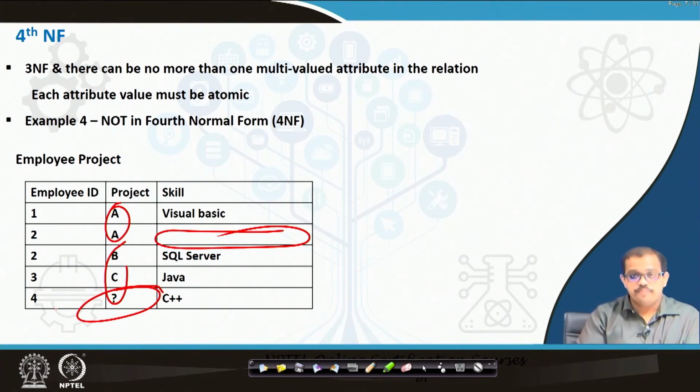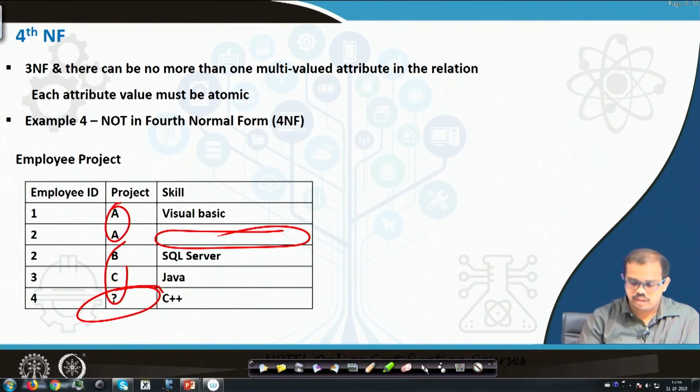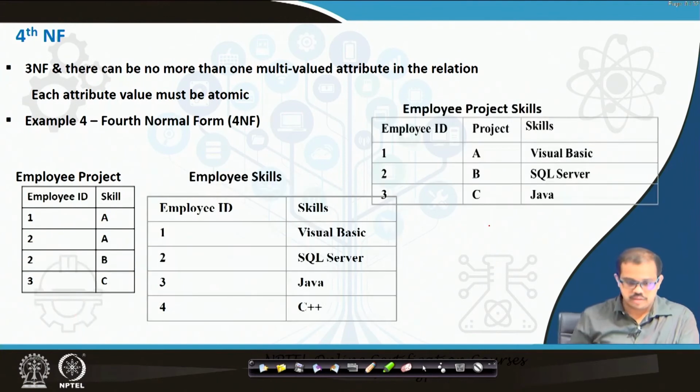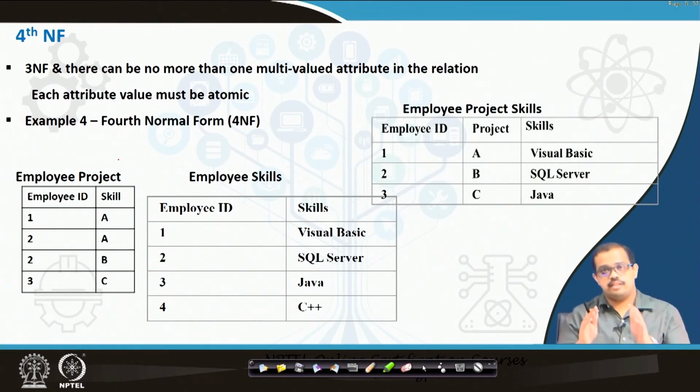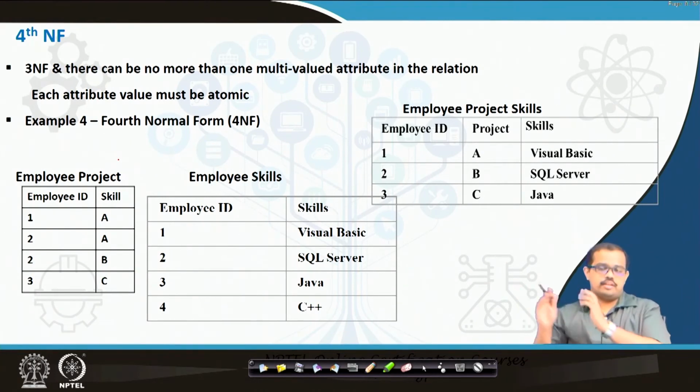Fine. So, now we have to develop this into a fourth normal form. How will we do this? First, we will develop the first subset of that particular table.